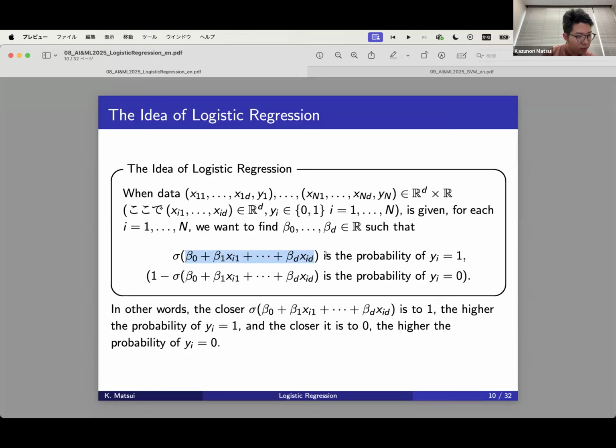And we want to find beta 0 to beta d so that this represents the probability that yi equals 1. In other words, 1 minus sigma corresponds to the probability that yi equals 0.